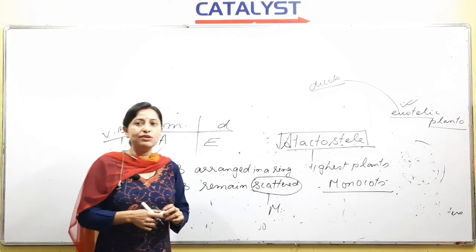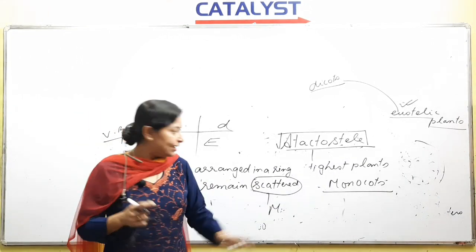Now what do we understand by the words scattered and arranged in a ring? What is the meaning of these two?